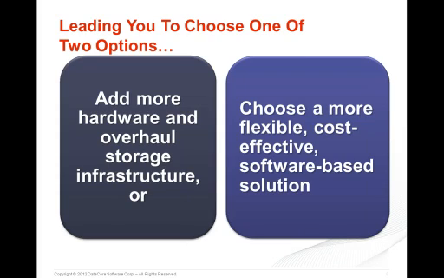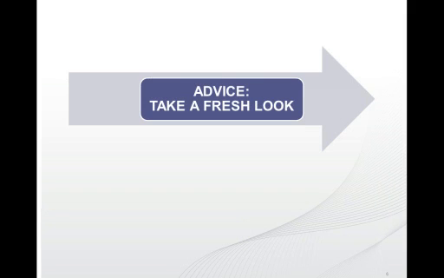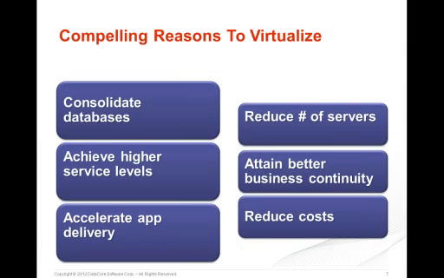We're able to provide the scalability, flexibility, improved functionality for a storage area network, and be able to protect the demands for tier 1 storage. So our advice is to take a fresh look. Let's look at virtualizing. Let's look at consolidating databases, achieve higher service levels.